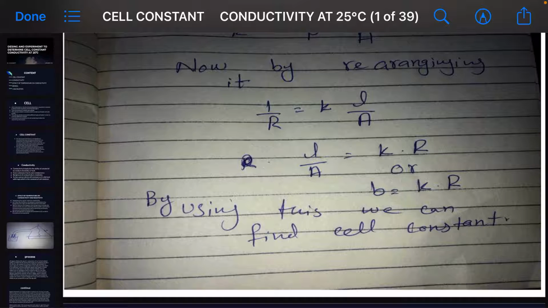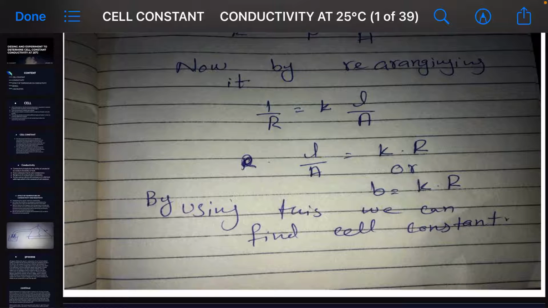Kappa is the constant, basically it will appear no matter what happens, and B is the symbol that represents the cell constant. It can also be written as length over area: centimeter over centimeter square, where the square cuts the centimeter above, so it becomes inverse centimeter.